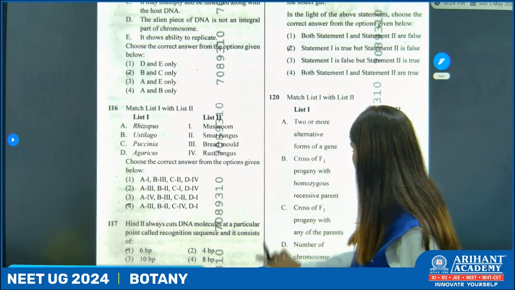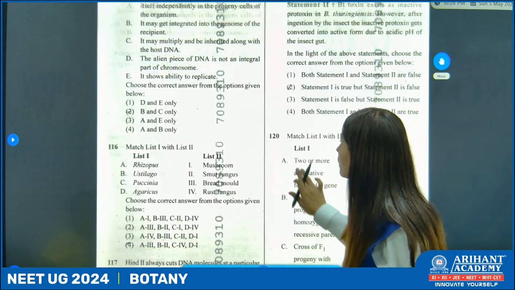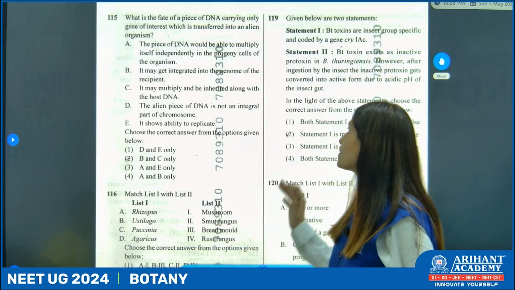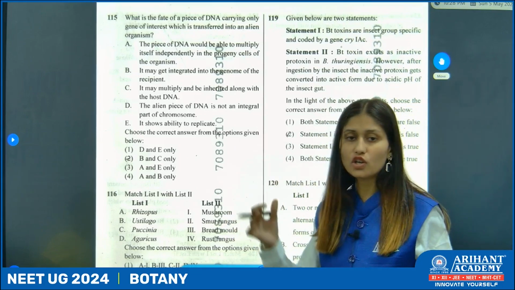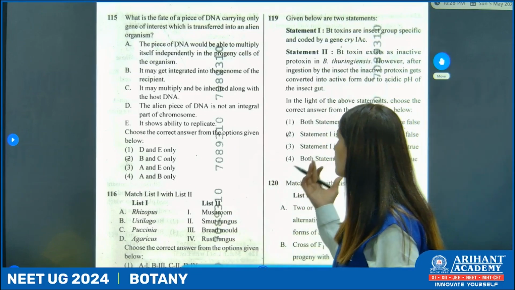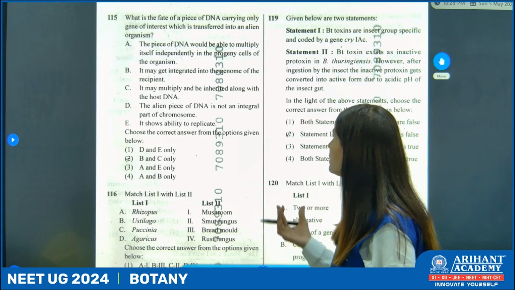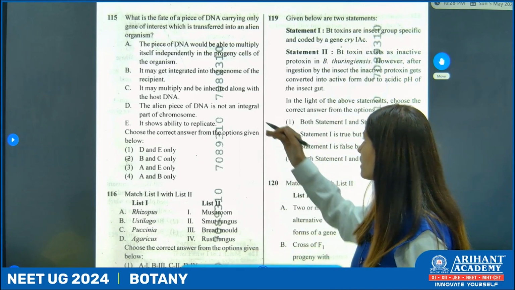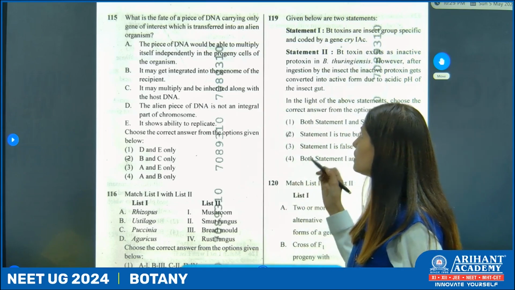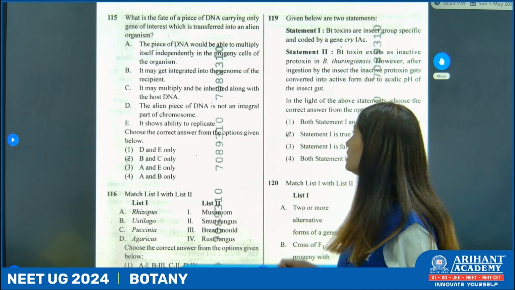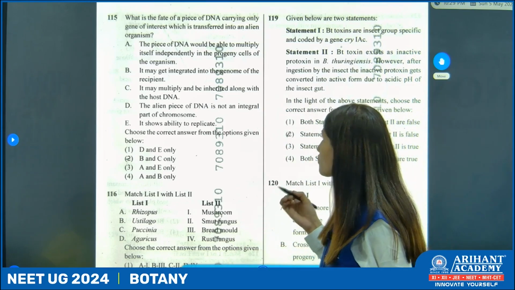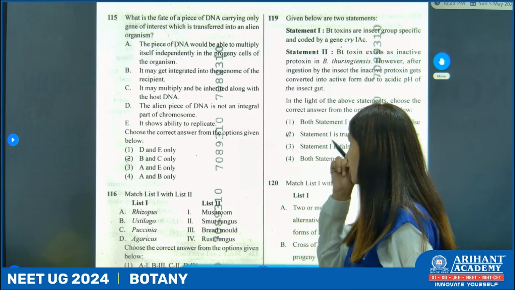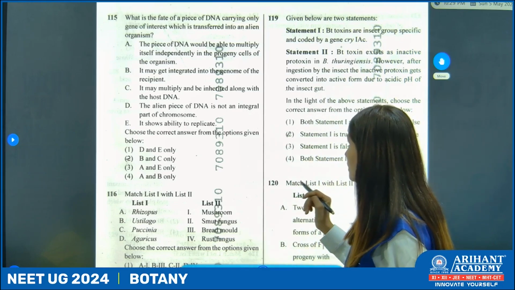The next question is 115. What is the fate of a piece of DNA carrying only the gene of interest which is transferred into an alien organism? The option saying the piece of DNA would be able to multiply itself independently in the progeny cells of the organism is not correct.